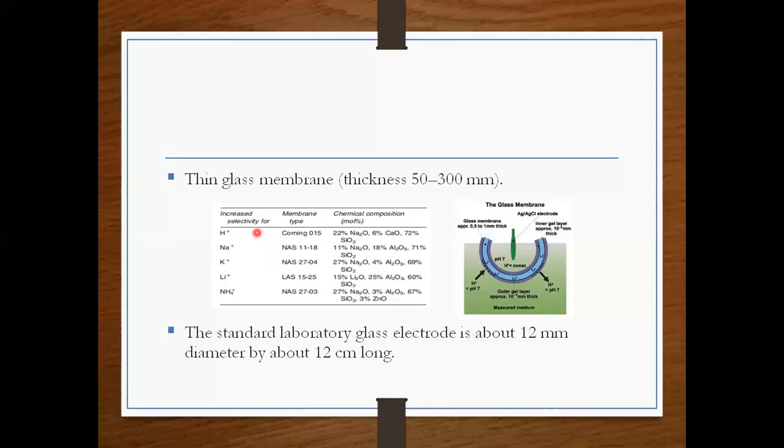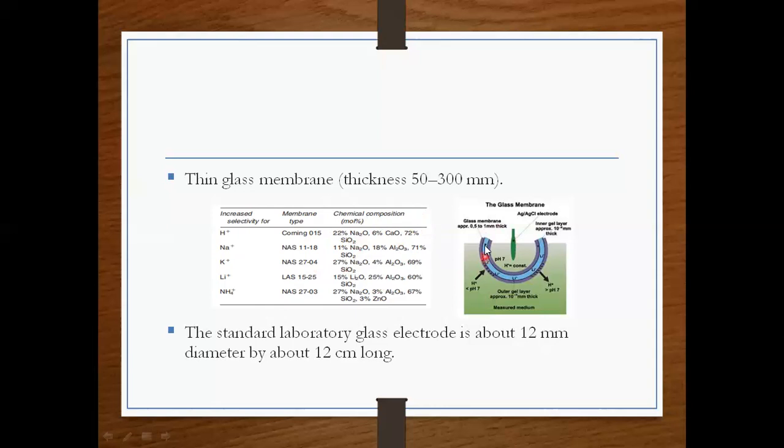For the selectivity for hydrogen ions, the composition of the glass membrane is as follows: sodium oxide 22%, calcium oxide 6%, and silicon dioxide 72%. Depending upon the application, the composition of the glass membrane changes.